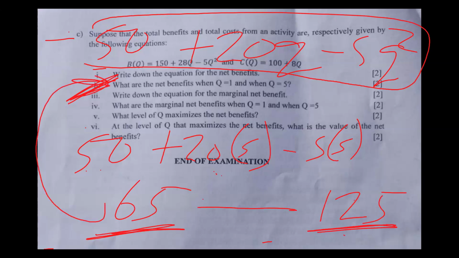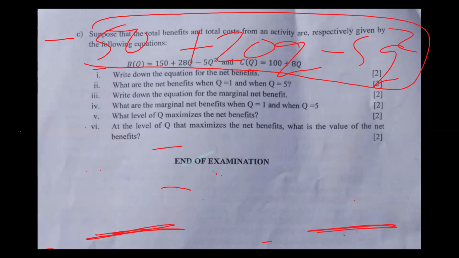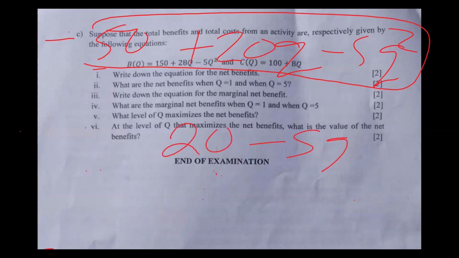Then for part 3, this is where now you differentiate this other function. When you differentiate this net benefit function so that you can find the marginal net benefit function, that's 20 minus 5Q. So when you substitute into this, you find the marginal net benefits.